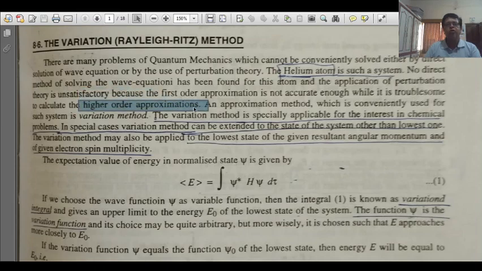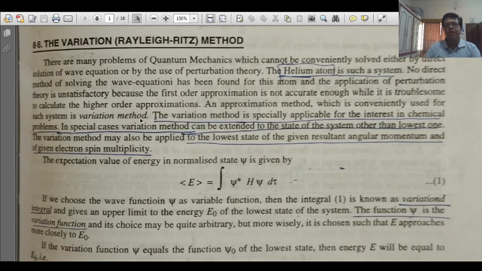If we try to solve for higher orders, the calculations are very tedious. Now, for this reason, an approximate method is used in many problems, which is known as the variation method.